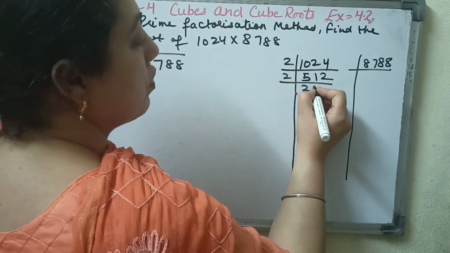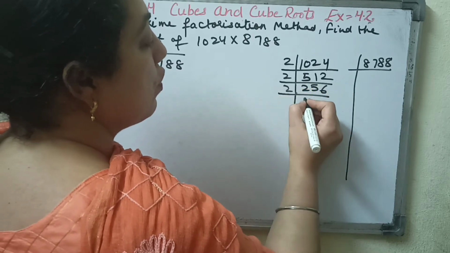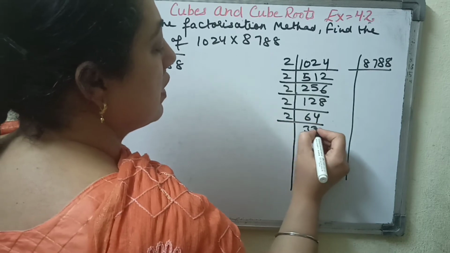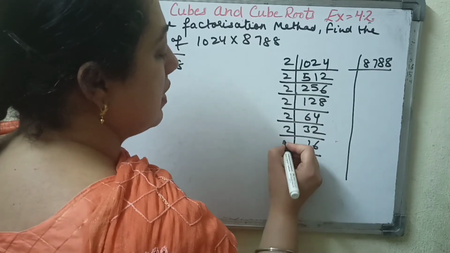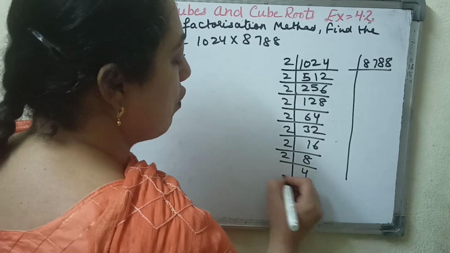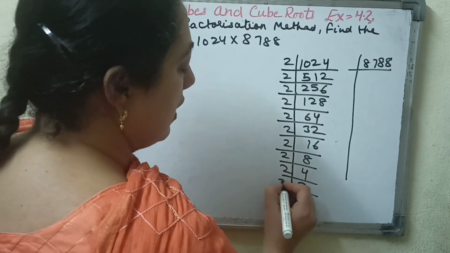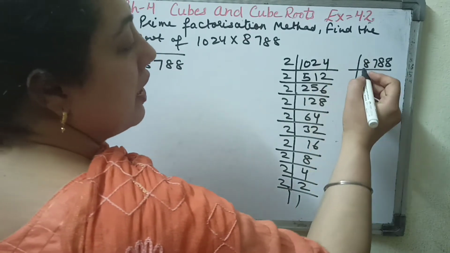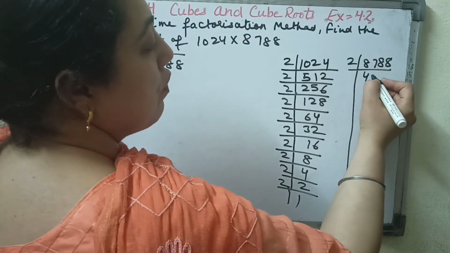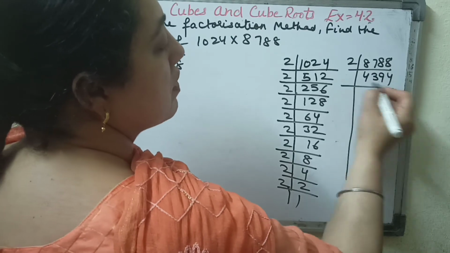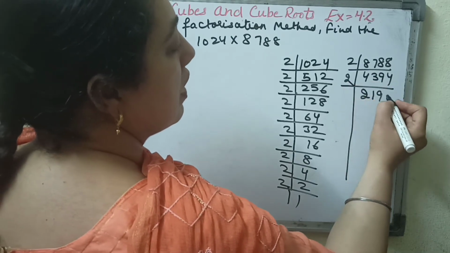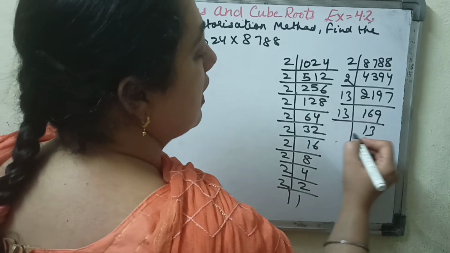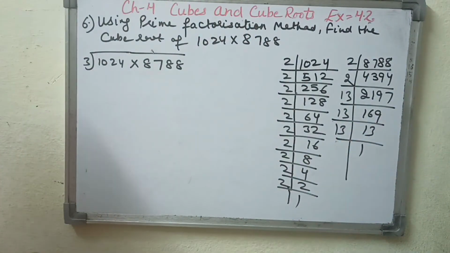Now 2 twos are 4, 2 fives are 10, 2 sixes are 12. 2 ones are 2, 2 twos are 4 and 2 eights are 16. 2 sixes are 12, 2 fours are 8. 2 32s are 64, 2 16s are 32, 2 8s are 16, 2 4s are 8, 2 2s are 4 and then 2 ones are 2. Now I find the prime factors of 8788. It is divisible again by 2: 2 fours are 8, 2 threes are 6, 2 nines are 18, 2 fours are 8. 2 twos are 4, 2 ones are 2, 2 nines are 18, 2 sevens are 14. 13 13s are 169, 13 13s are 169 and 13 ones are 13.